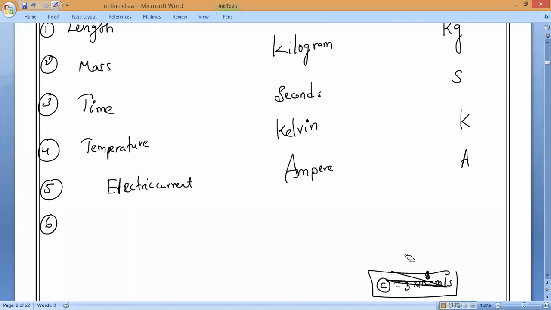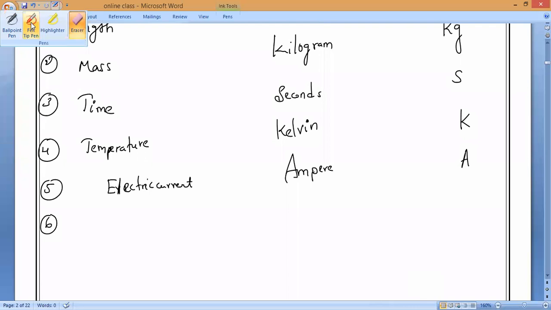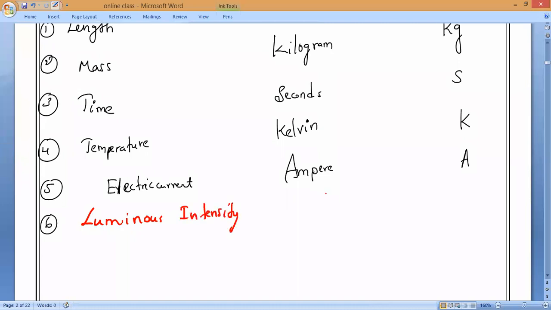Write it. Luminous intensity. The unit is candela, and remember, the symbol is cd.